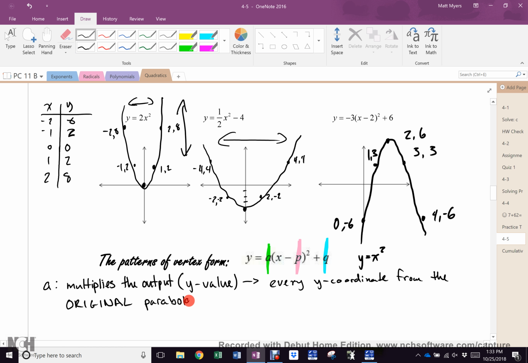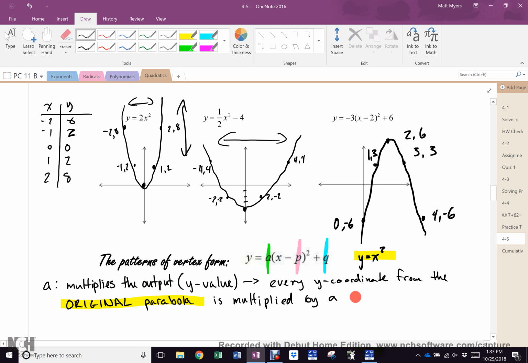Y equals x squared. I'm going to highlight that in yellow. Every Y coordinate from there is multiplied by A.